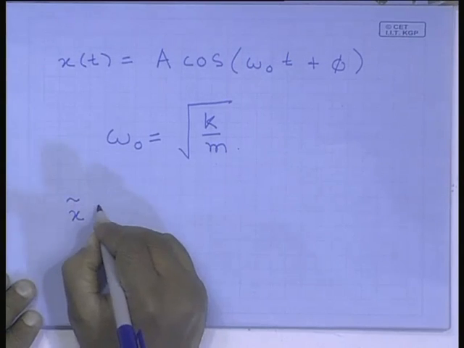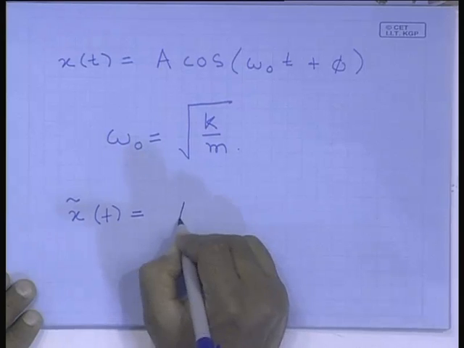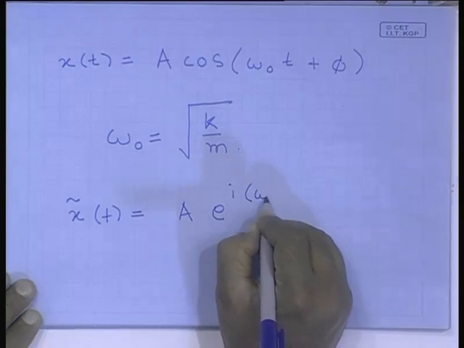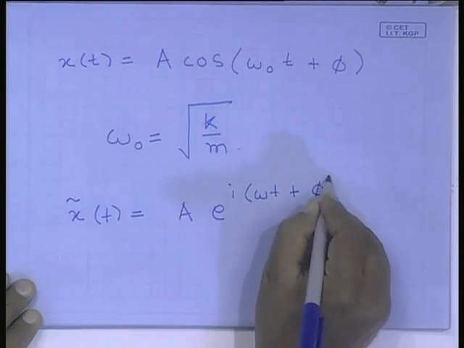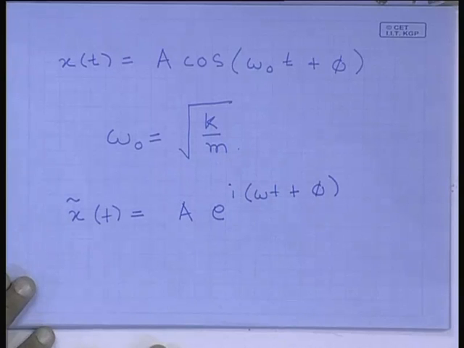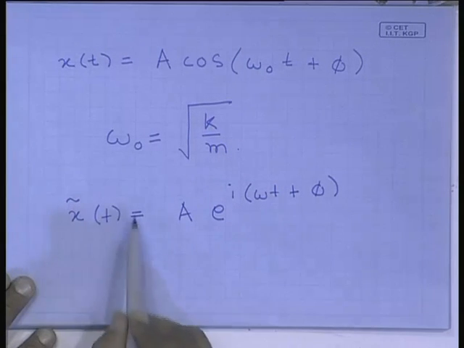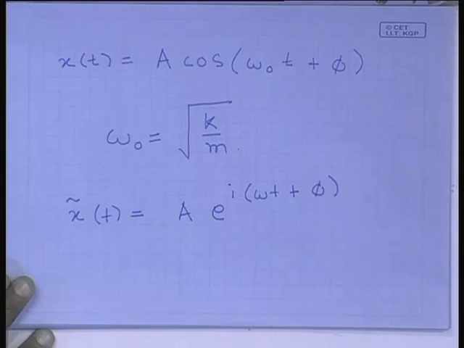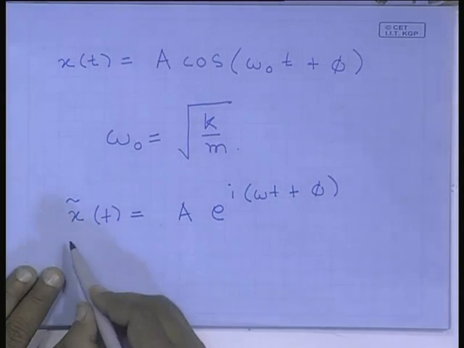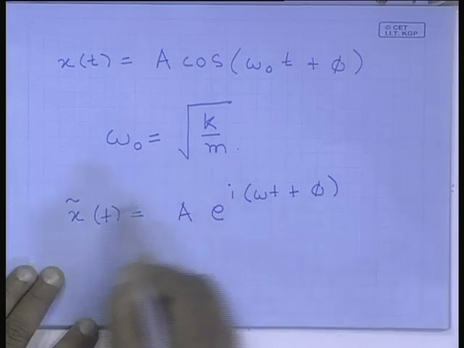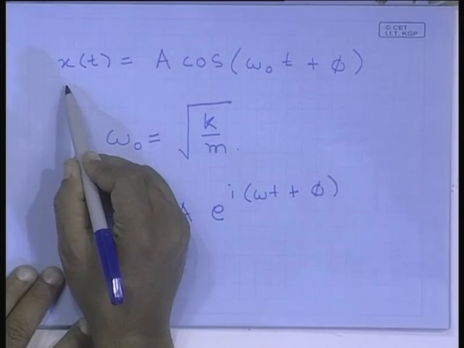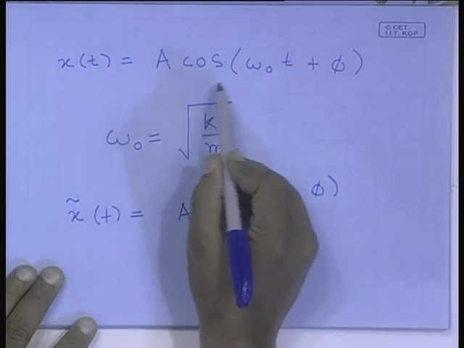So, x tilde t is equal to A e to the power i omega t plus phi. x tilde t is a complex number and it is a method for representing the same oscillation shown over here, which is a solution to the motion of the spring mass system, and it is understood that you should consider only the real part of this complex expression, and the real part of this complex expression gives us the same solution, x t is equal to the amplitude A into cos omega t plus phi.